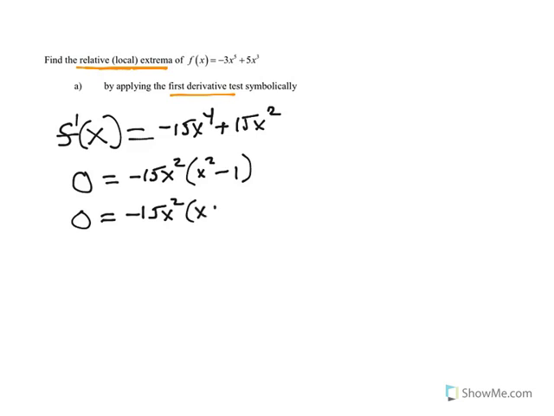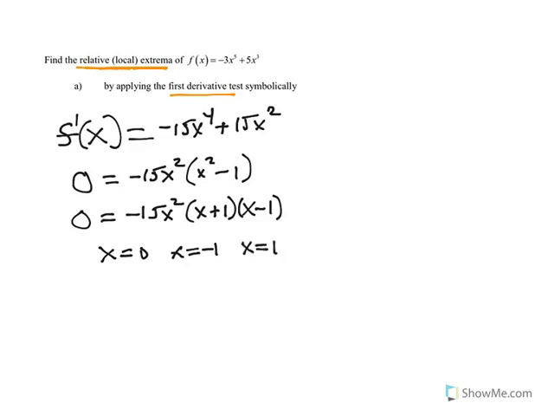So x plus 1 and x minus 1. And our zeros are going to be when x is 0, because 0 squared would get us 0, when x is negative 1, and when x is 1.